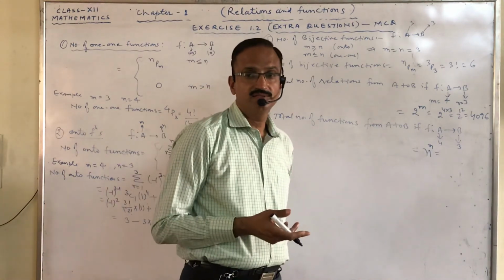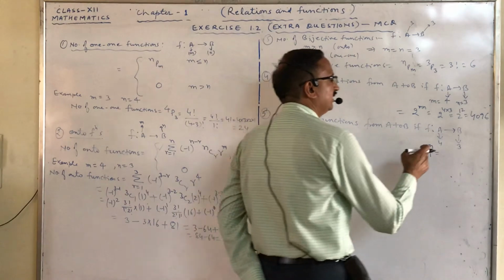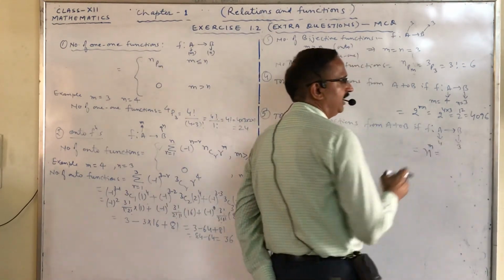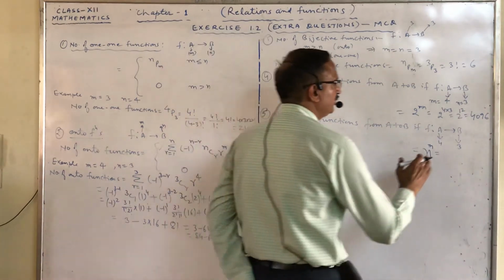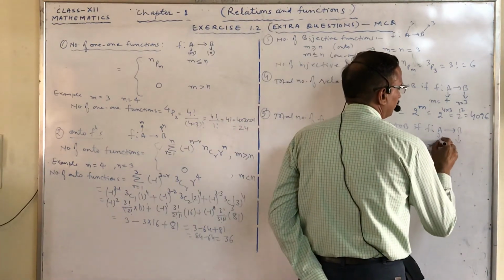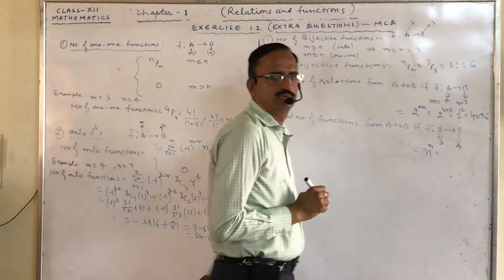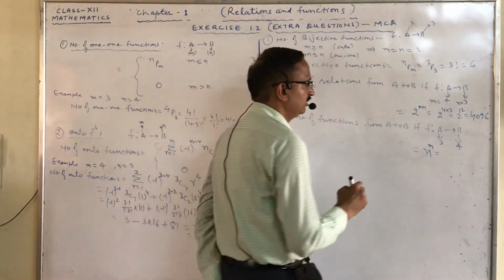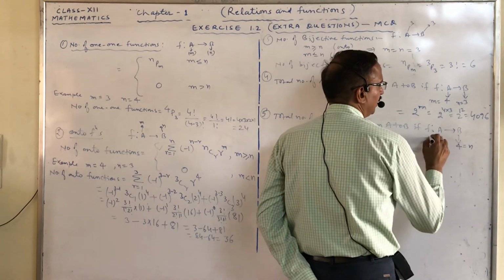If we change, then we will get n equals 4 and m equals 3. Then this is n, this is m.